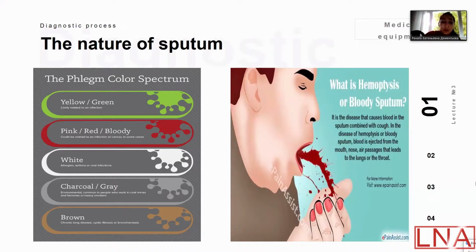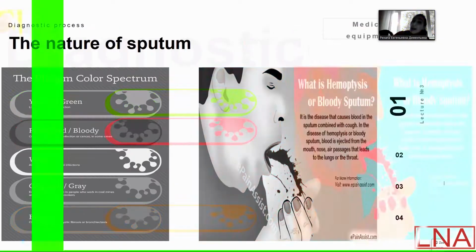White sputum is significant, like mucous, for allergies, for asthma or viral infection. Charcoal or gray color of sputum is significant of a changed environment, common in people who work in coal mines and factories, and in heavy smokers.